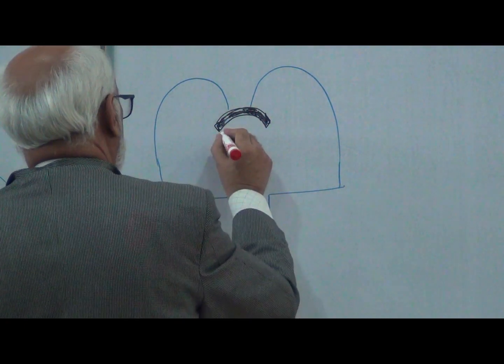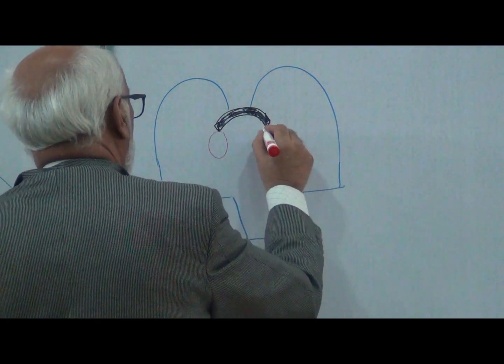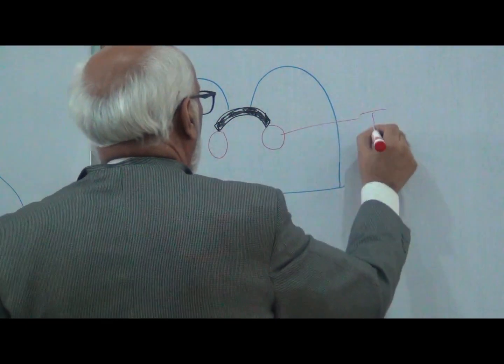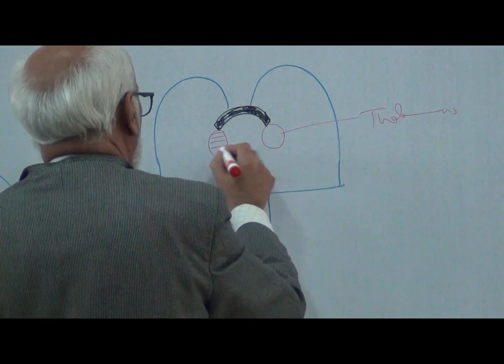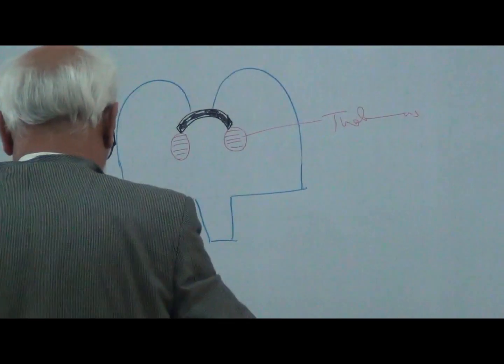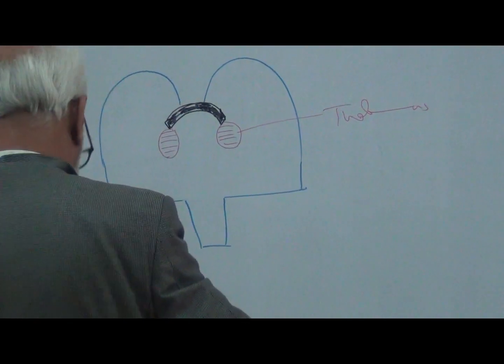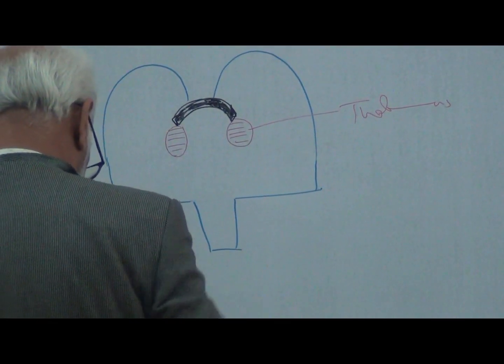And here on each side is diencephalon. Thalamus above on each side and hypothalamus below.